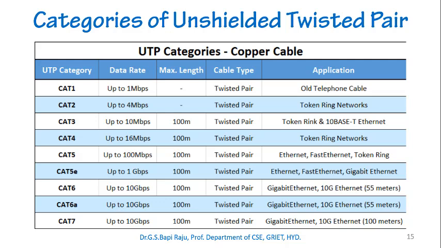We can see the most commonly used categories. Cat 1, where Cat means category, supports up to 1 Mbps. Category 2 supports 4 Mbps, used in token ring. Category 3 is used in 10BASE-T as well as token ring. Category 4 is used in token ring networks, as well as 5, 6, and for 5 we have the extended 5E, and for 6 we have 6 extended. So these are the various categories.